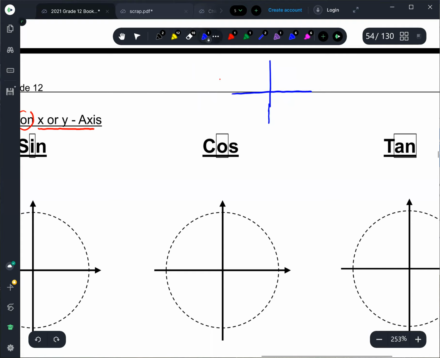I'm going to draw the cross again, because in order to compare the sides, we need to keep the hypotenuse all the same. So I'm going to draw a circle here, like that. The hypotenuse will stay all the same, right?